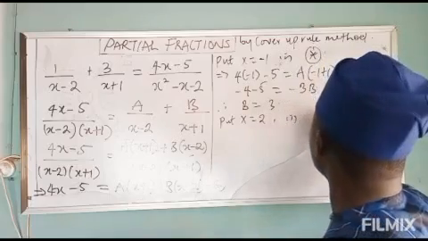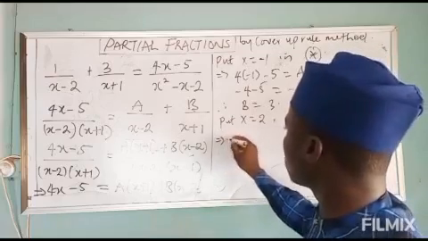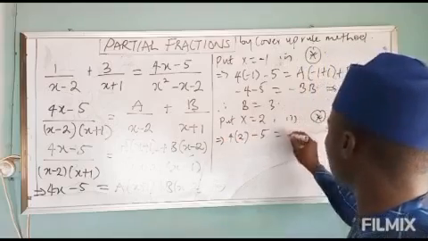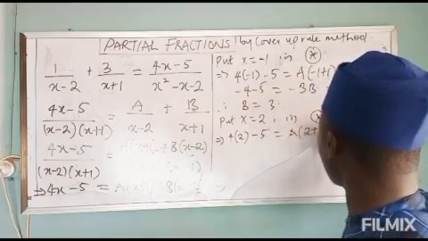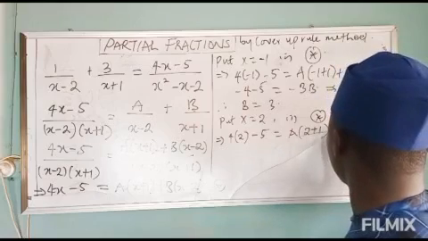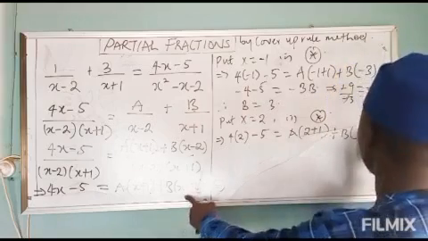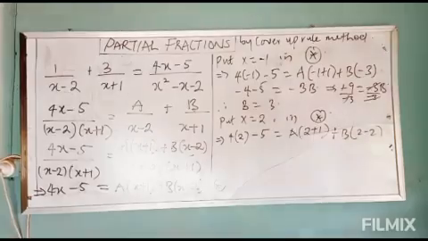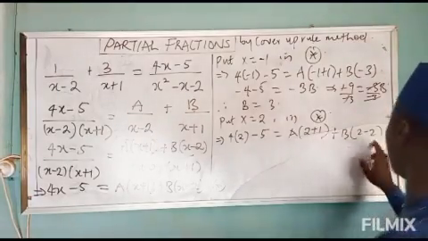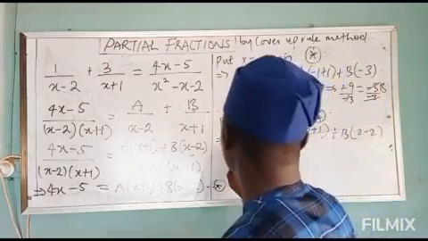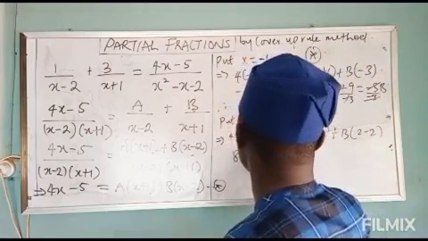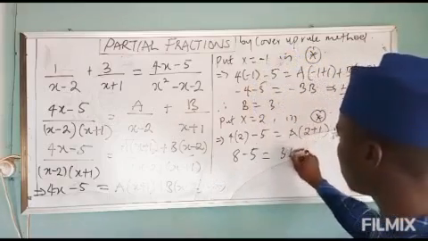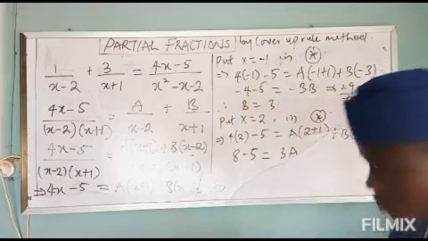So in star again, we have 4 into 2 minus 5 equals a into (2 plus 1) plus b into (2 minus 2). We have from here, 4 times 2 is 8, minus 5 equals a times 3, or 3a, and this one turns to 0 automatically.